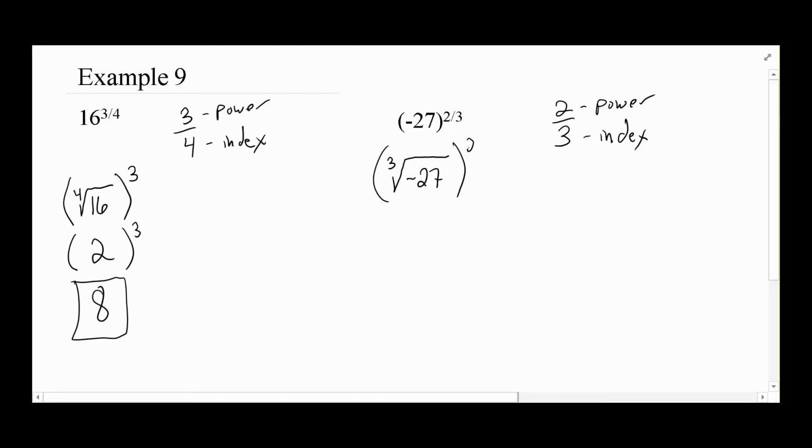And whatever answer I get, I'm going to square it. So my answer to the cube root of negative 27 is negative 3. If I take negative 3 and square it, I get positive 9, because again, this is negative 3 times negative 3, and this is where our organization is really important. We organize step by step by step with parentheses where necessary.